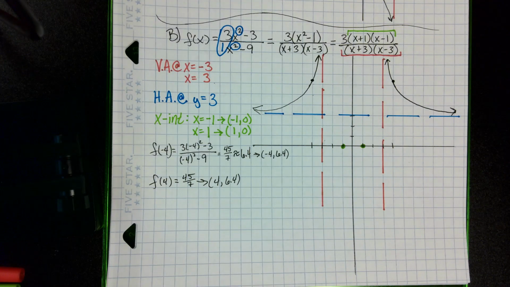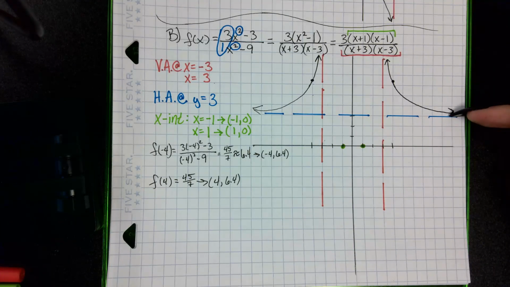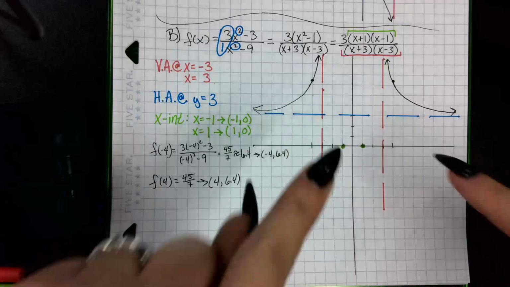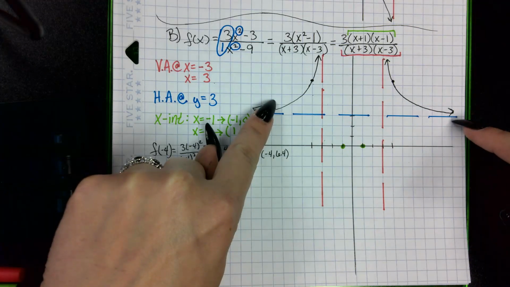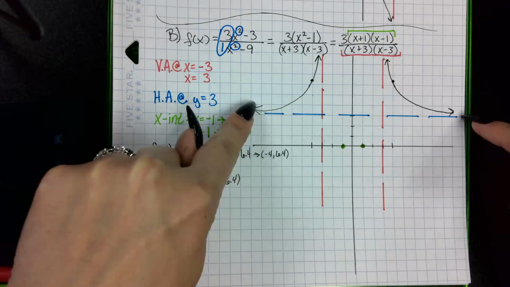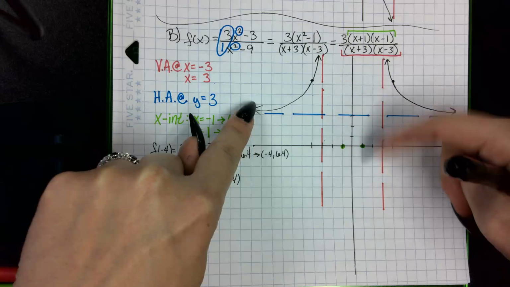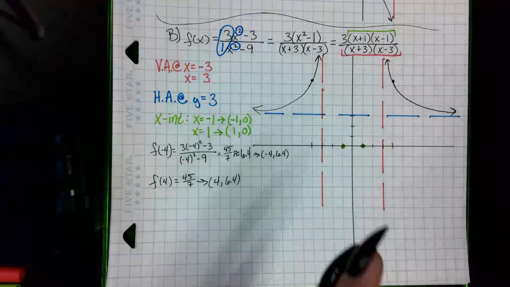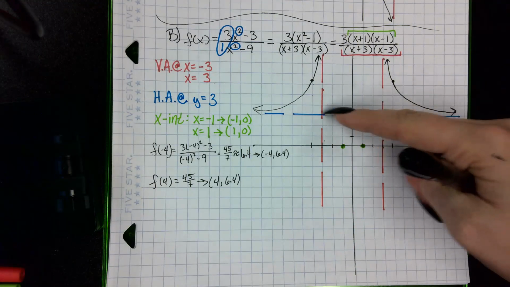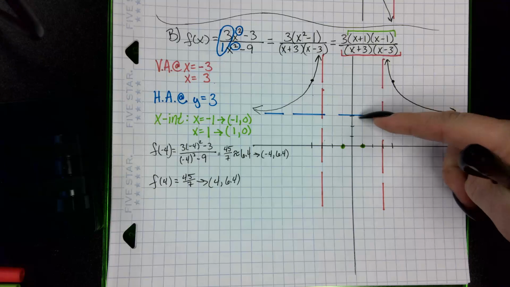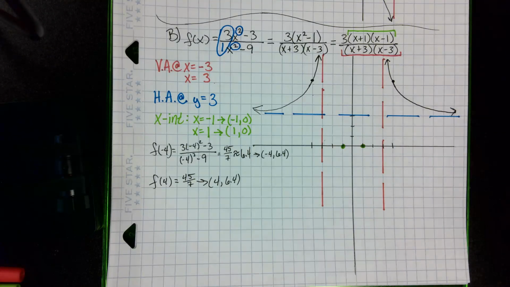And then there's the question of what's really happening in the middle. The reason I did the outsides first is because when you have multiple vertical asymptotes, the horizontal asymptote only applies to the outsides. It only applies to end behavior. It can cross over the asymptote between the two vertical asymptotes. So this blue line right here isn't really a roadblock or doing anything to my graph.